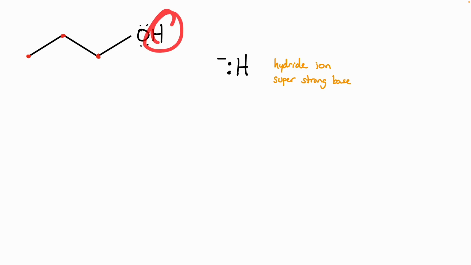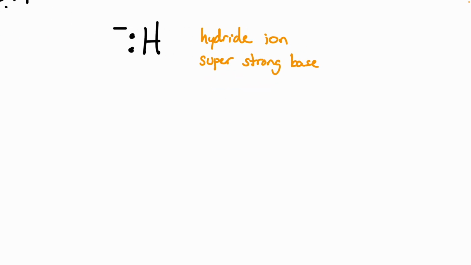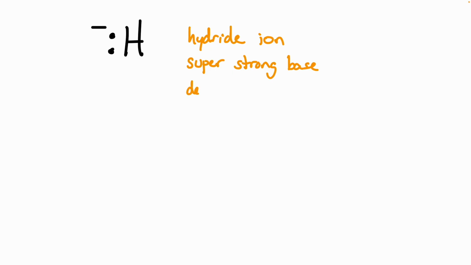And alcohols are not good acids. They're pretty hard to remove a proton from an alcohol. We can't use sodium hydroxide to remove a proton from an alcohol, for example. So we have to use a next level up, stronger base than that. And that's exactly what these hydride ions do very well. They deprotonate our alcohols.